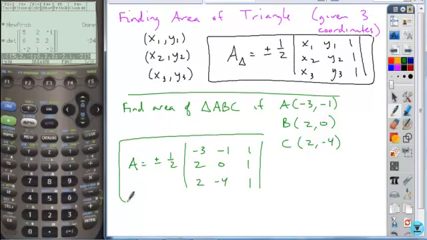So if you evaluate this expression, you'll have the area for this particular triangle.